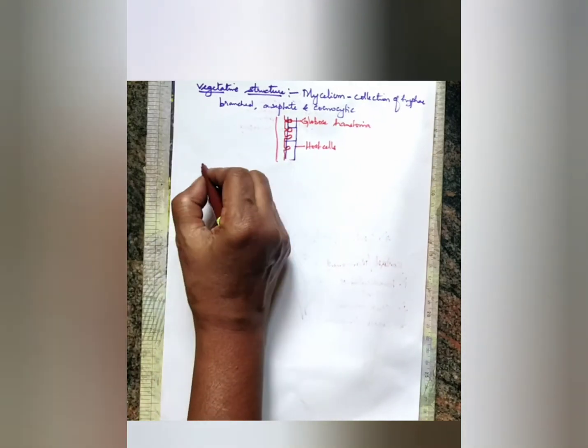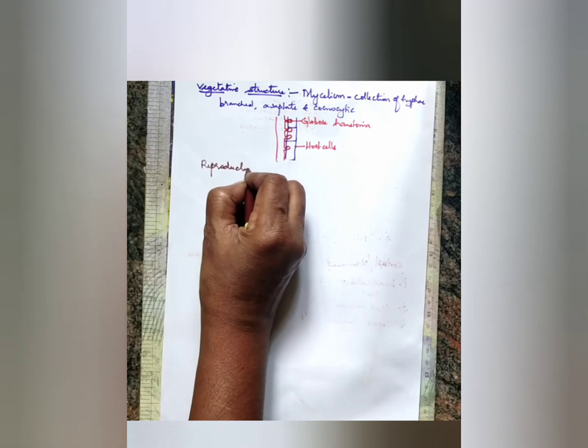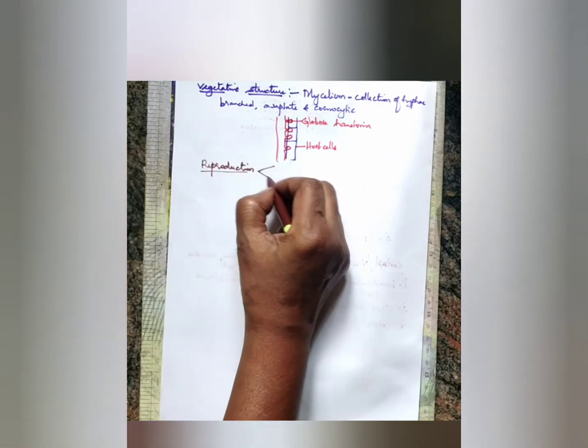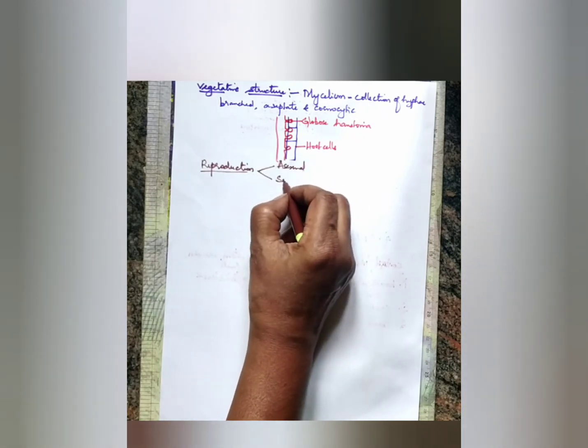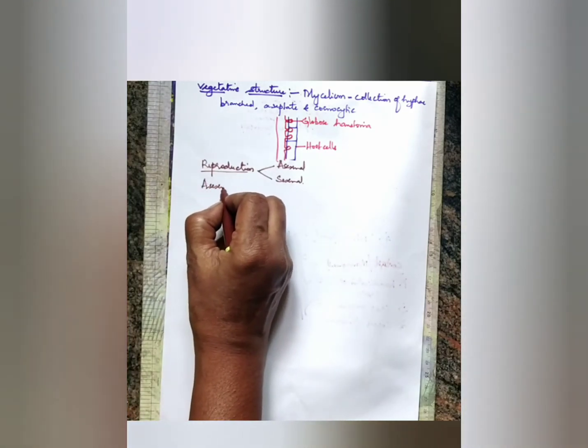So this is about the vegetative structure of the mycelium. So coming to the reproduction, it reproduces by both asexual and sexual methods. In this video, we shall discuss only the asexual reproduction.